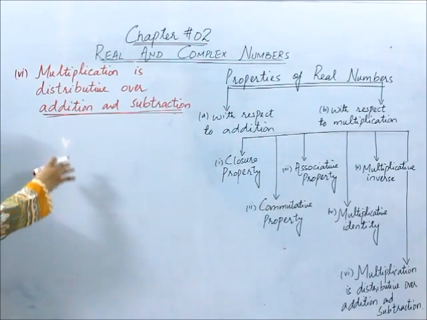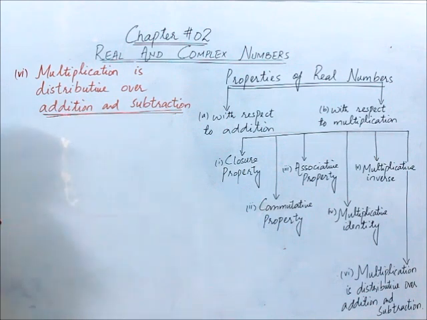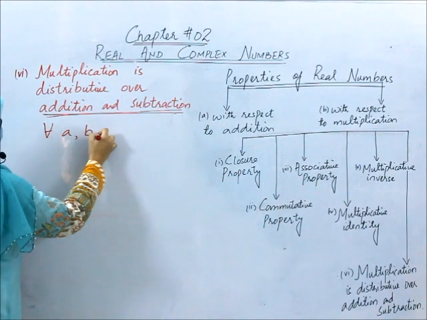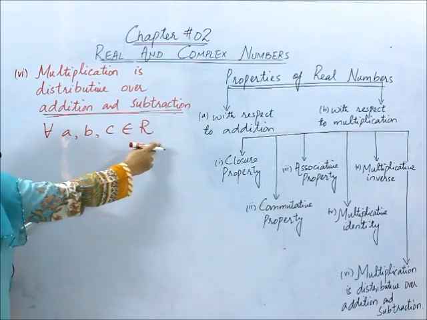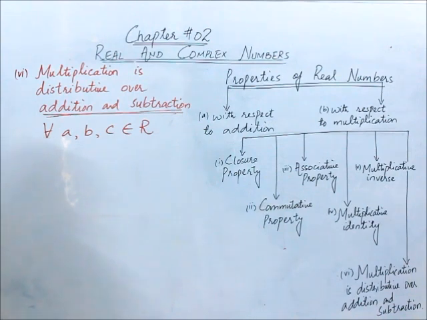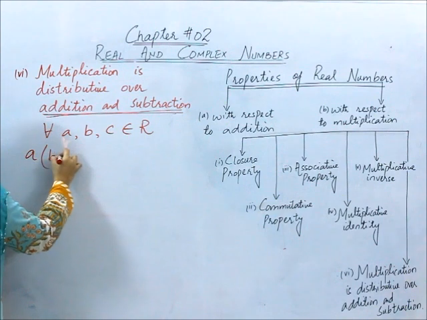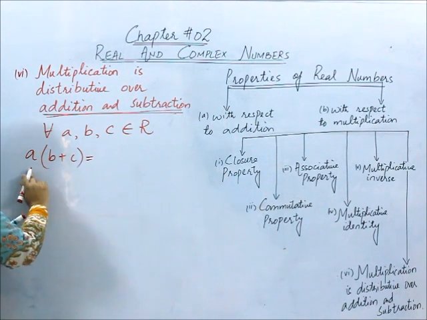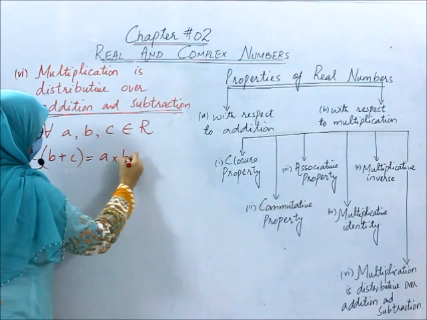So the last property is that multiplication is distributive over addition and subtraction. This property says for real numbers a, b, c, for all a, b, c which belong to the set of real numbers, if we multiply a number through the addition of some number, how would we multiply? This a would be distributed to this bracket, that is a into b.